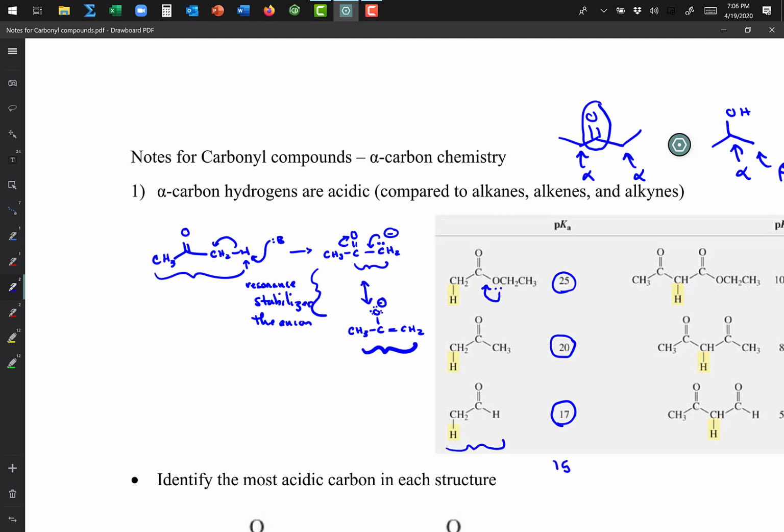The result is the aldehyde without the electron donating group, EDG. Without the electron donating group in the aldehyde, the negative charge on the carbon can be stabilized a lot more efficiently.